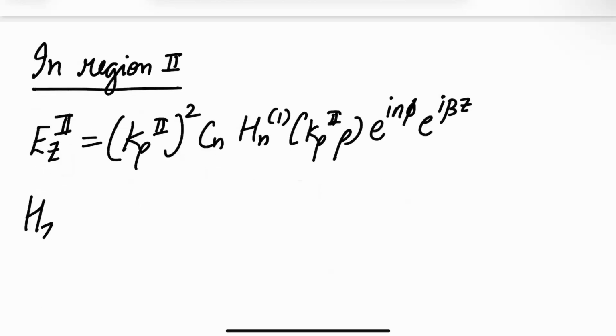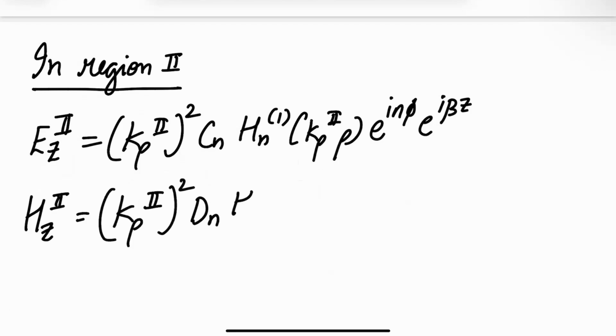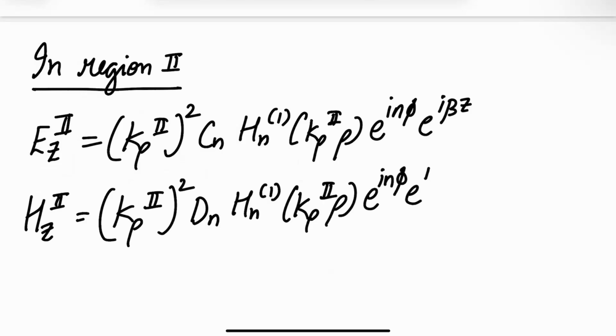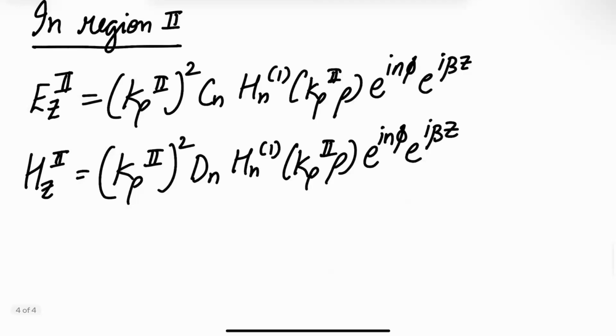Similarly, Hz2 is k_rho2 squared, D_n, H_n^(1)(k_rho2 rho), e^(i n phi), e^(i beta z). So these are just the z components.